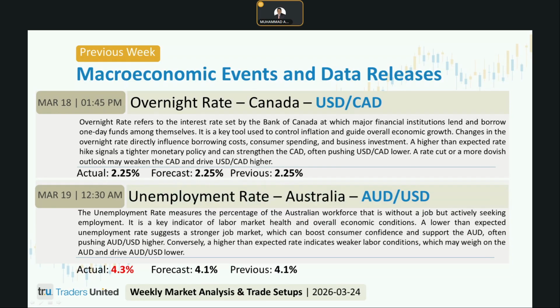So it's unchanged. The Bank of Canada kept the overnight rate unchanged at 2.25% in line with market expectations. Both the previous and forecast values were also 2.25%, so there was no surprise in the headline figure.